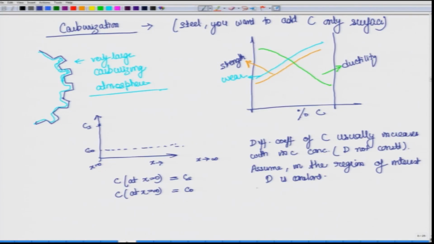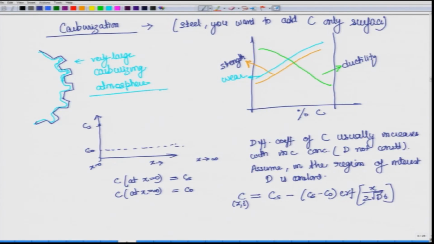Okay. So, what you will see is that if you put these boundary conditions in the equation that we had derived earlier, you would get a solution of this form. C, which is the concentration as a function of x and t, is equal to Cs minus C naught ERF. I will tell you what this ERF is. Many of you would already know. 2 root Dt.